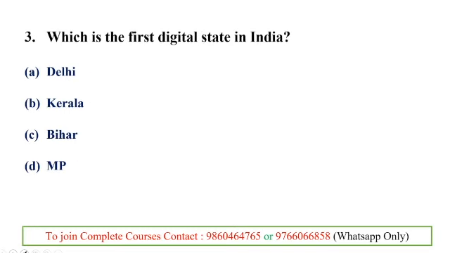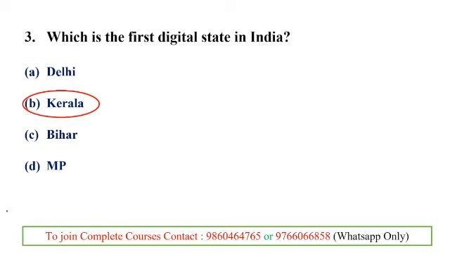Clear? Then the next one, which is the first digital state in India? One of the other important questions. The first digital state in India is Kerala. In Kerala, with 100% literacy, it is also the first state which developed as a digital state.